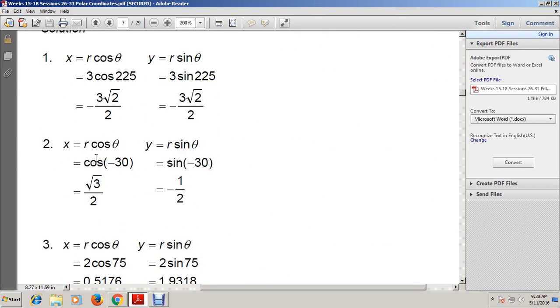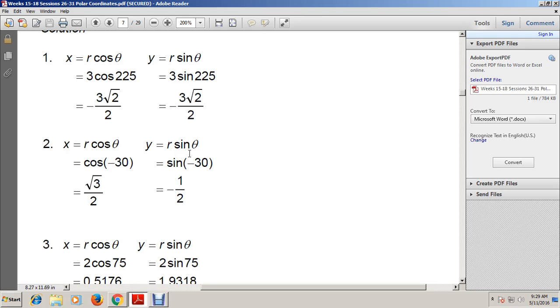Now, since cosine negative 30 is located on the fourth quadrant, where the sign of x is positive, cosine negative 30 would be a positive square root of 3 over 2. Remember, x corresponds to the longer leg of our right triangle.